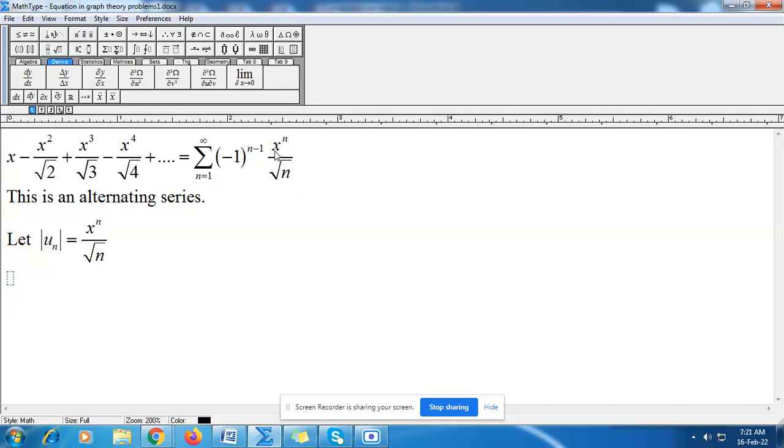So here u_n is equal to x power n by root n.